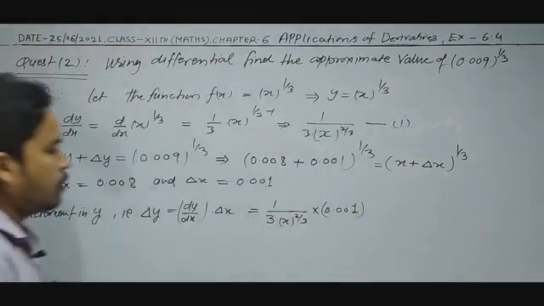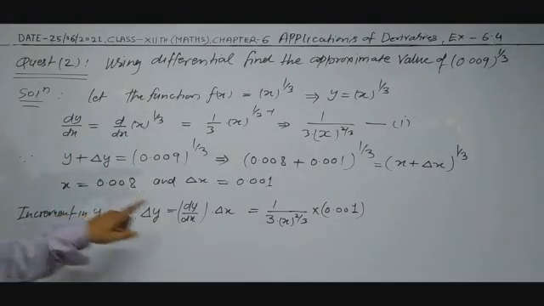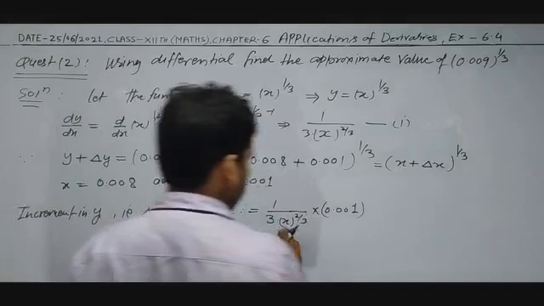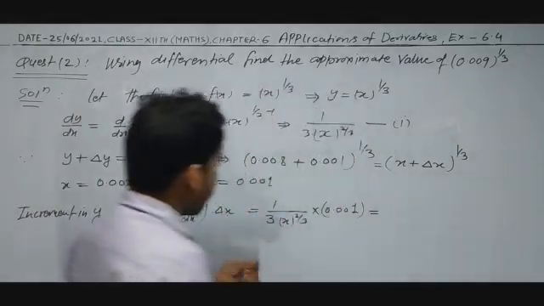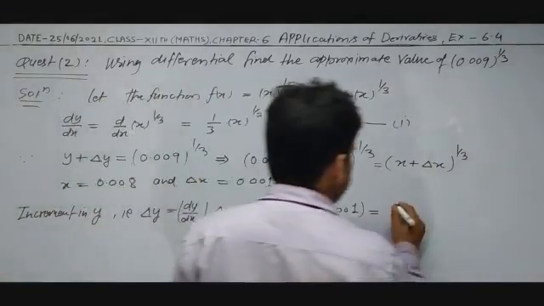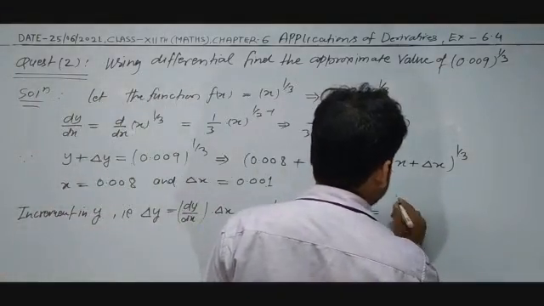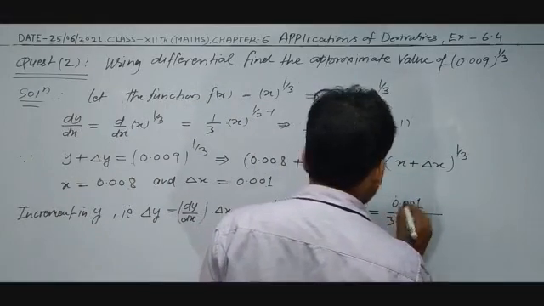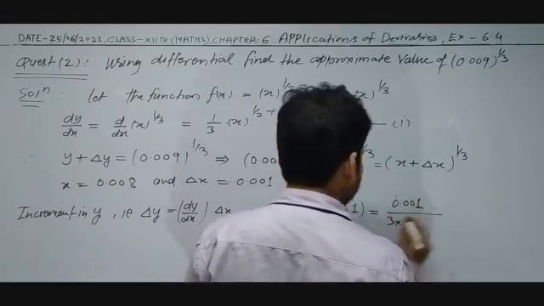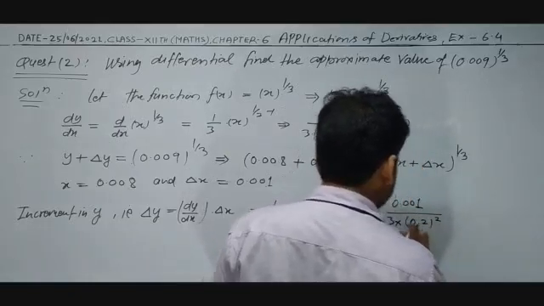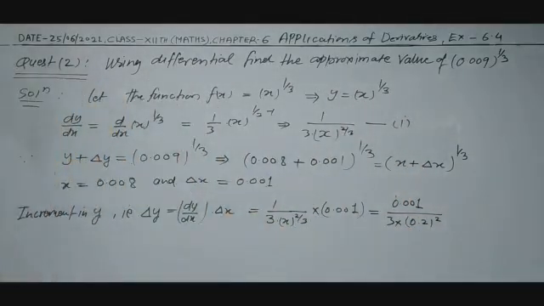When you put 0.008 at the place of x, the result will be 0.001 whole upon 3 into 0.2 to the power 2, because 3 and 1/3 will cancel out.